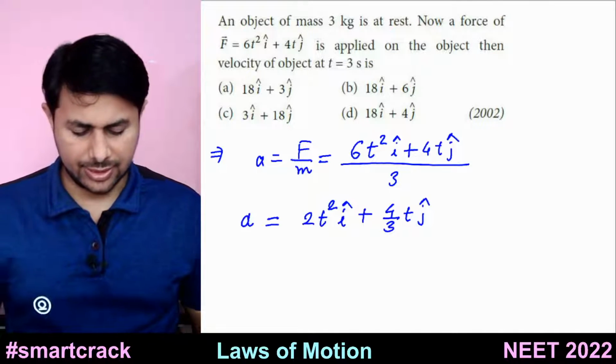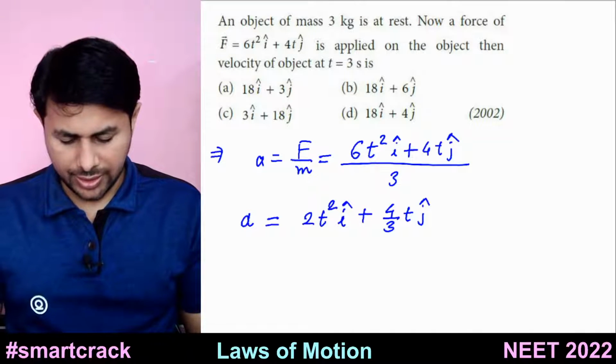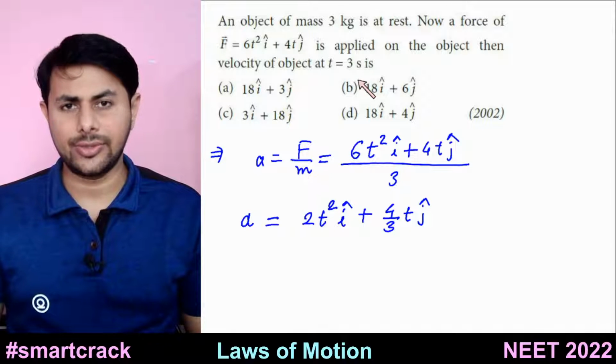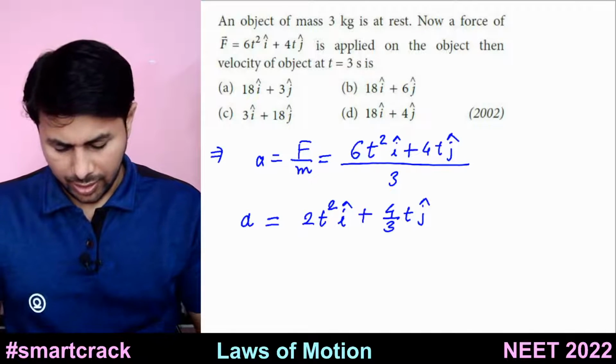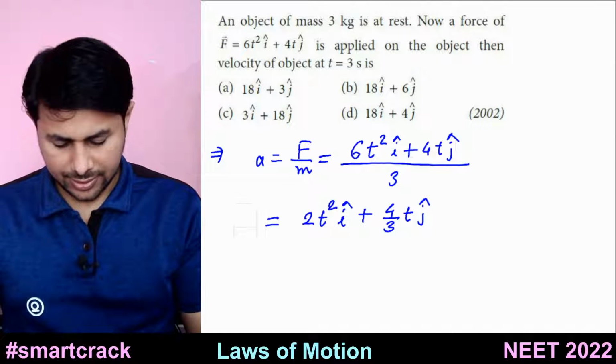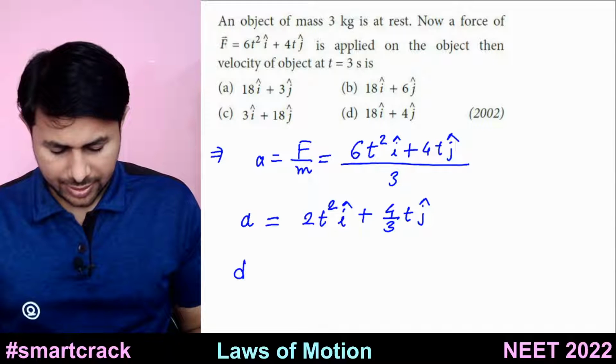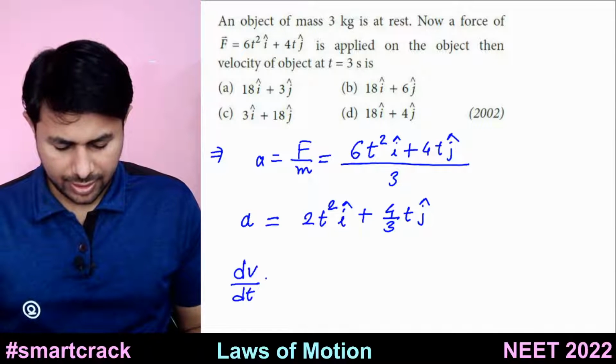This is the acceleration, and we want velocity at time t equals 3 seconds. So I will write this acceleration as dv by dt, equal to this expression.